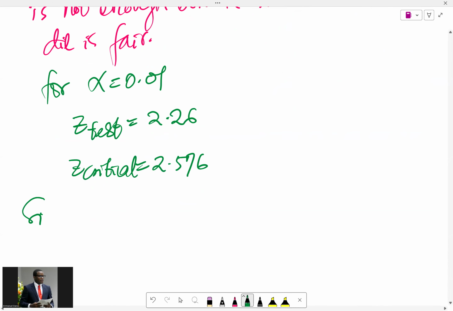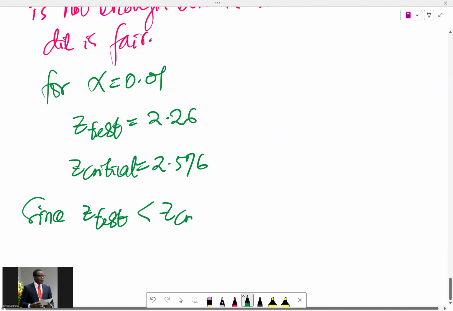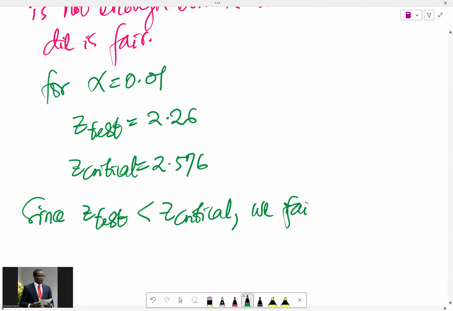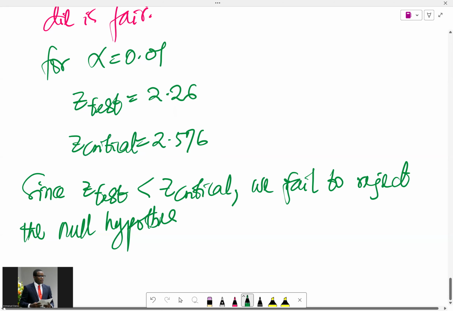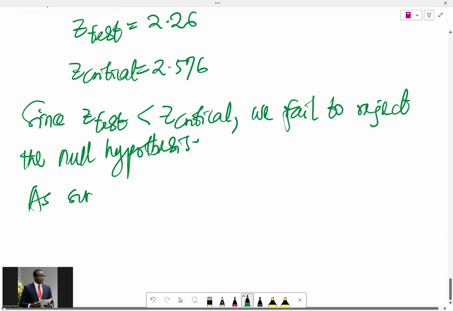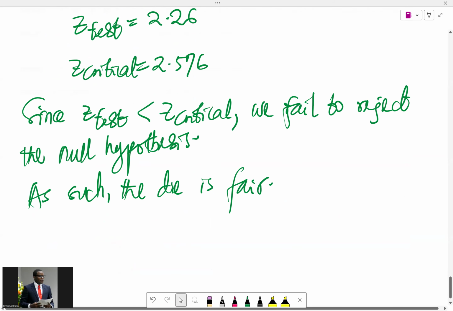Since Z test is less than Z critical, we fail to reject the null hypothesis. That's like accepting it. As such, the die is fair.